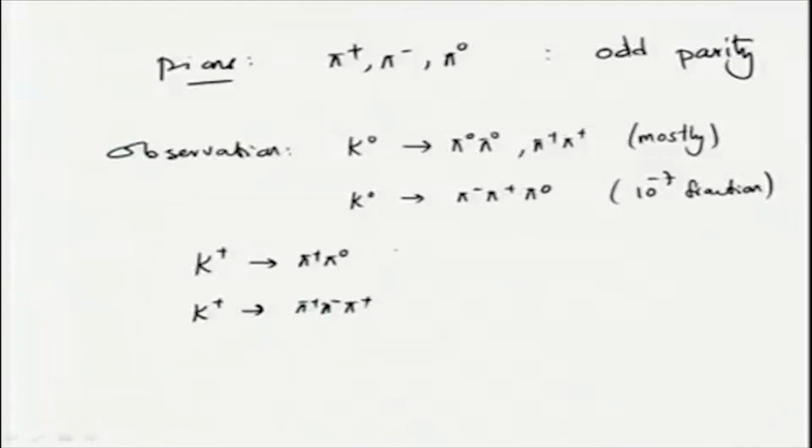Again, one final state is even parity, the other one is odd parity. In fact, historically speaking, initially these particles were thought of to be 2 different particles because parity was violated in the final state, or they decay into 2 different final states with 2 different parities.